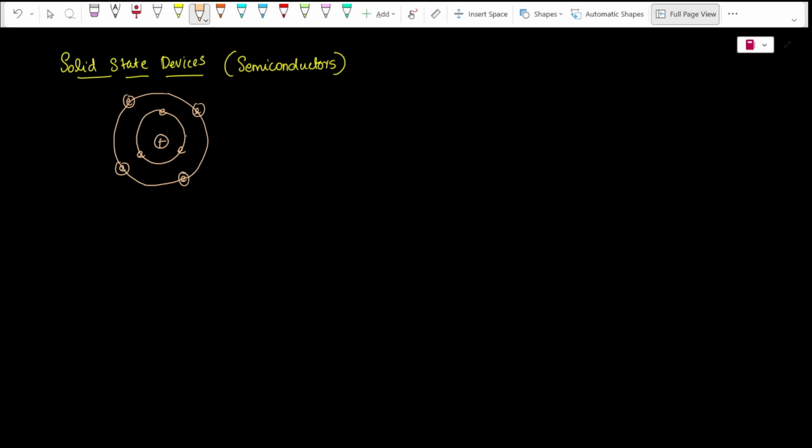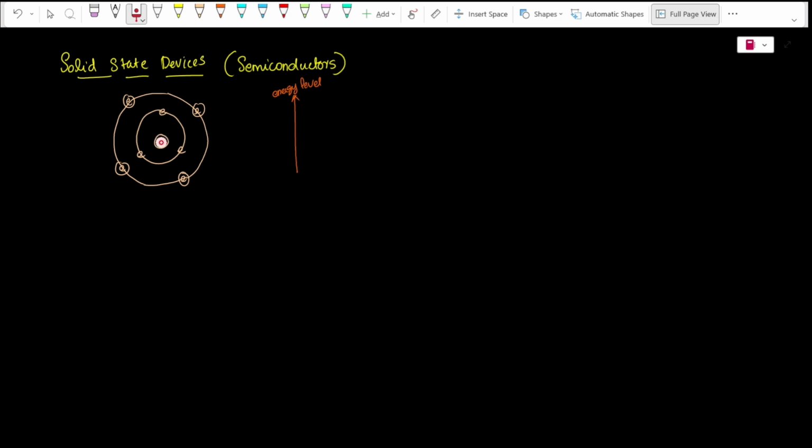Each electron out here is separated by a distance from the nucleus, and each electron is present in an orbit which is primarily called a shell. In physical terms, I can also say that this is like an energy level. Why is it an energy level?